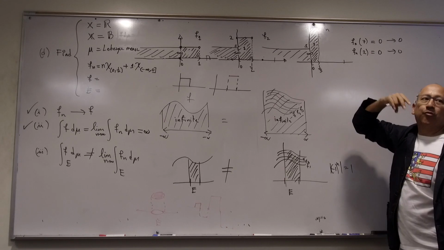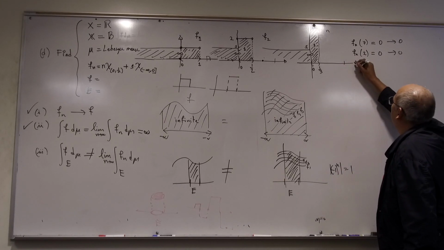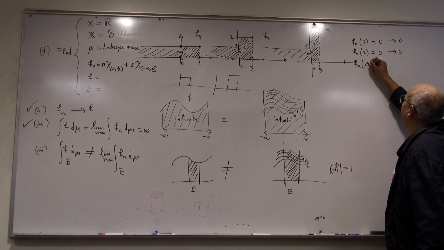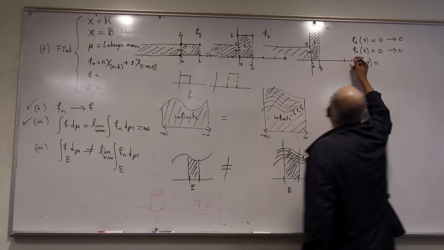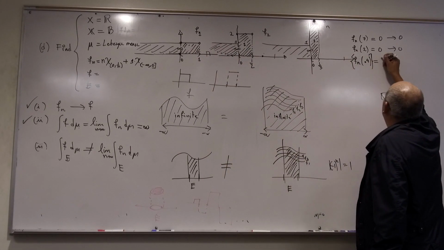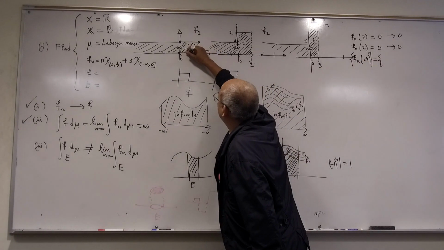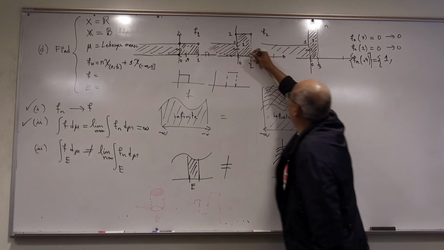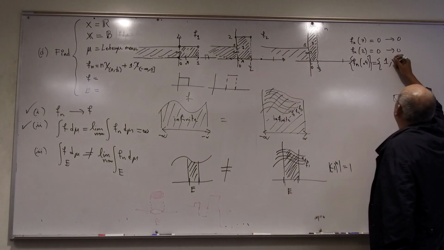This is when you don't know where it converges, you test one point at a time. So what would be Fn of, I don't know, 0.4? The first one is 1, right? 0.4 is here. The second one, 0.4 is here, is 2.